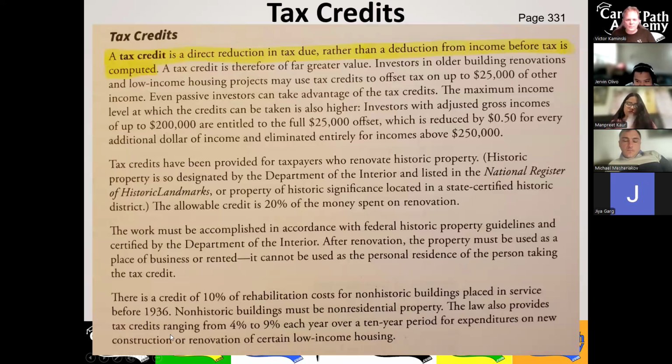And the law also provides tax credits ranging from 4 to 9% of each year over a 10-year period for expenditures on new construction and renovation of certain low-income housing. So just need to know tax credit is a direct reduction in taxes due rather than income before it is computed. Okay. You don't need to know about all this kind of details and such.